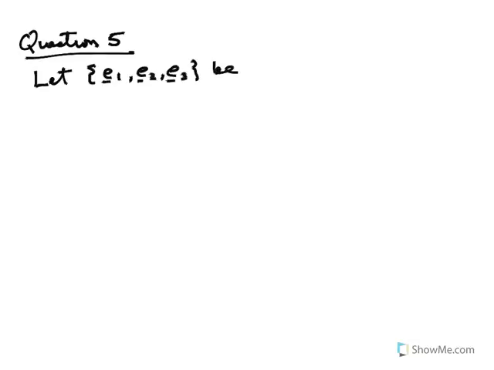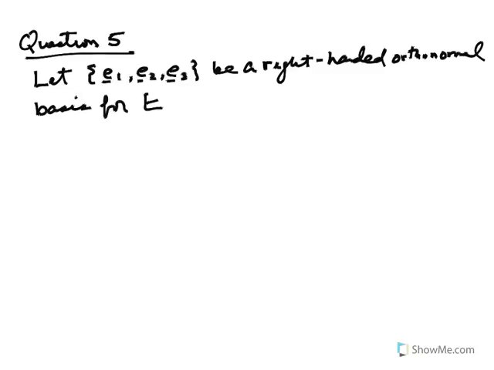Question 5. Let E1, E2, E3 be a right-handed orthonormal basis for three-dimensional Euclidean space.